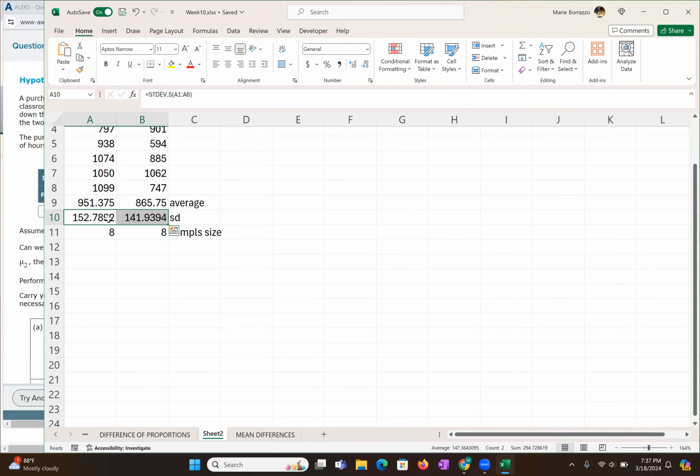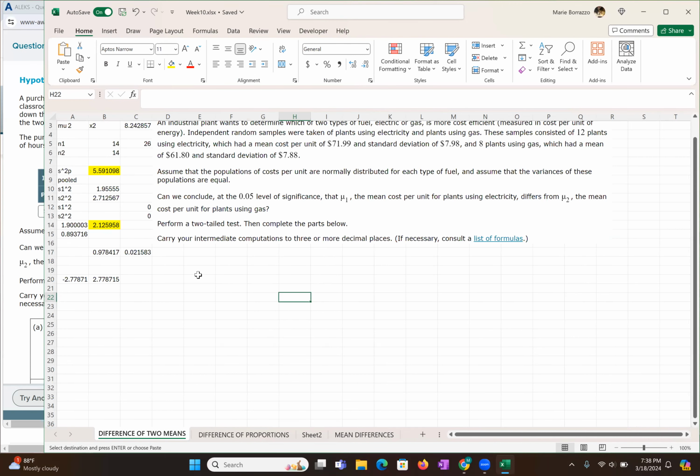So I need these two numbers, 951 and 865. I need the 152.7, 141.9, and so on. So we're gonna take these numbers. I'm gonna control copy, and I'm gonna go ahead and go to the difference of means. I'm gonna just drop it here.